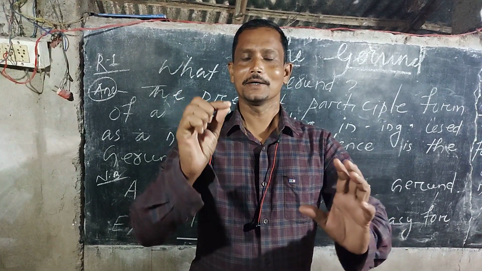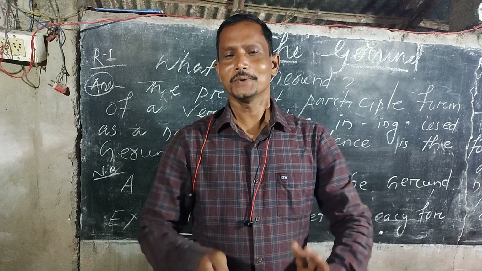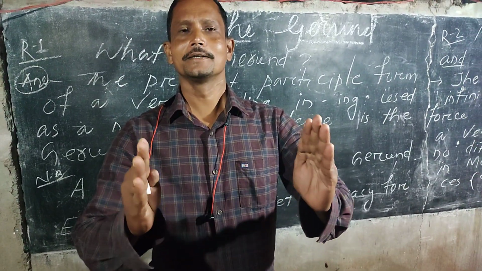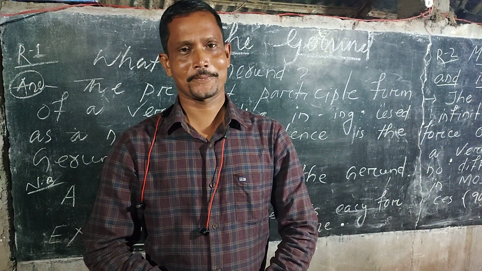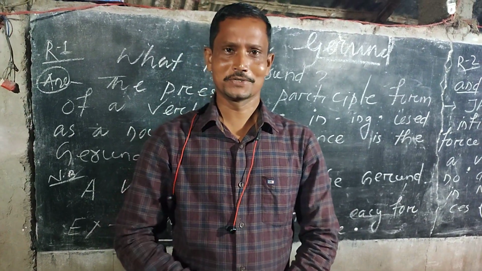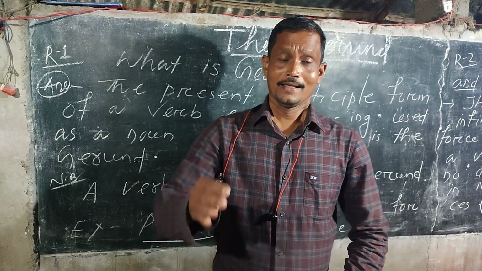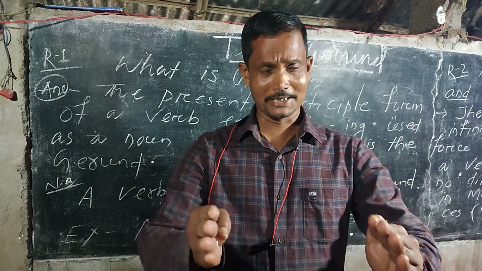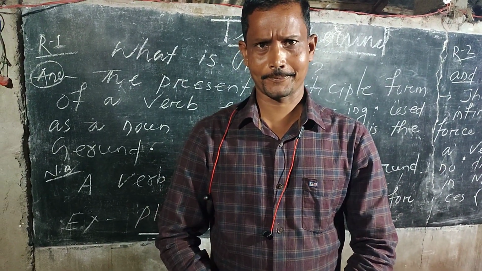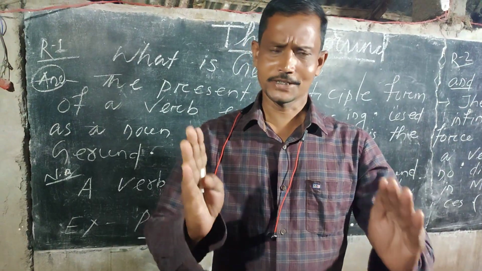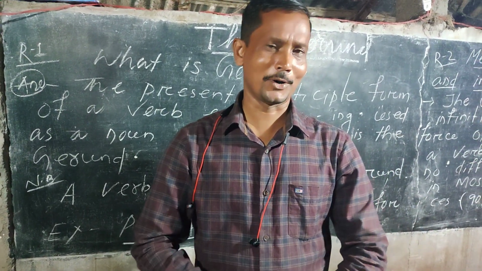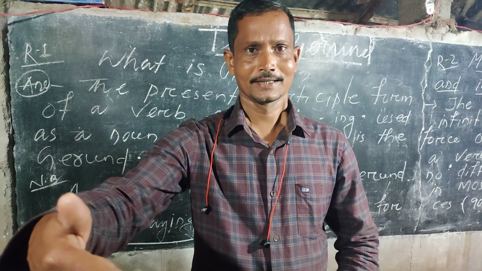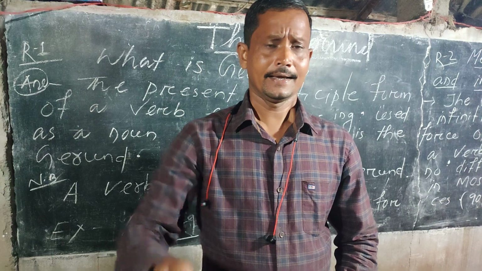At first, in rule number 1, we should know the topic that is gerund and the definition of the gerund. What is the gerund? Gerund is the present participle form of a verb that is used as a noun in a sentence.